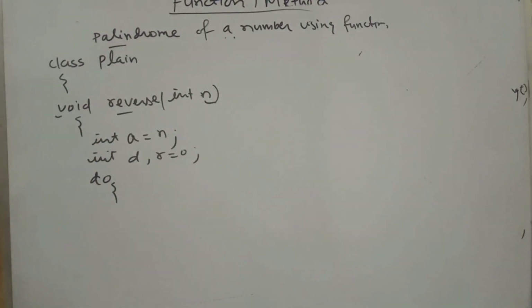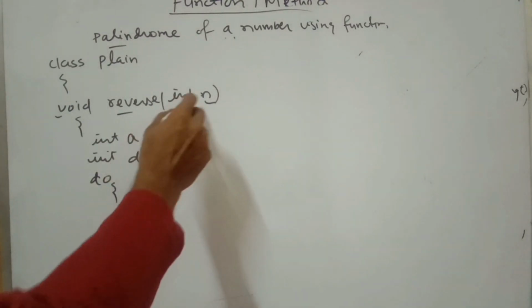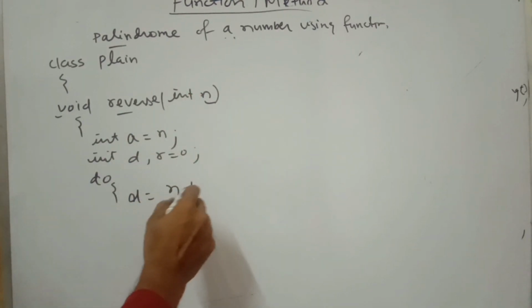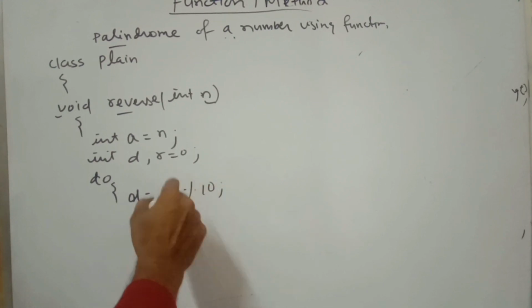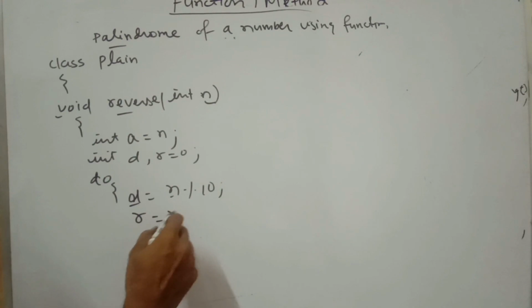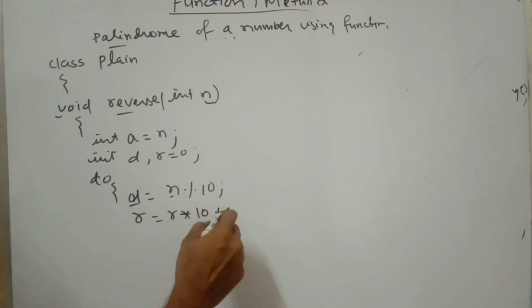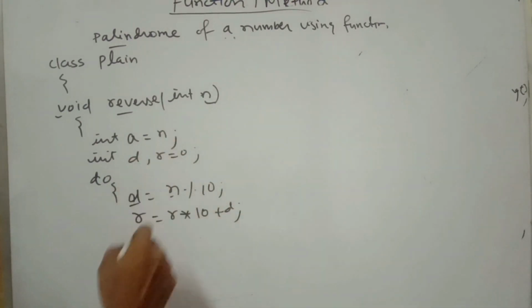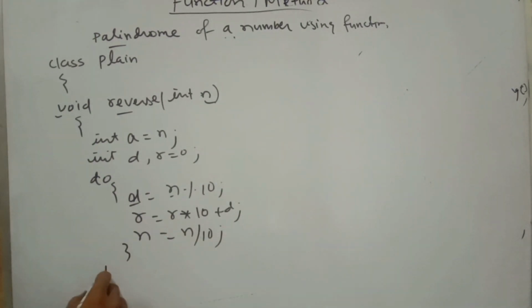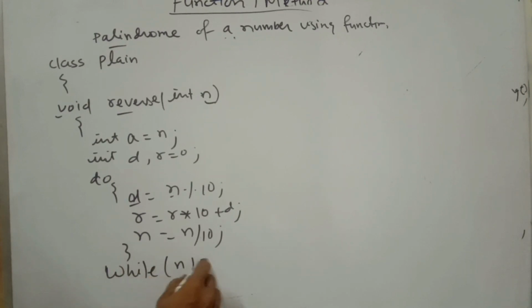So do, now d is stored as n mod 10, the remainder of the given number is first stored in d, and after that r equal to r into 10 plus d, and again n equal to n by 10. Now this loop continues while n is not equal to 0.